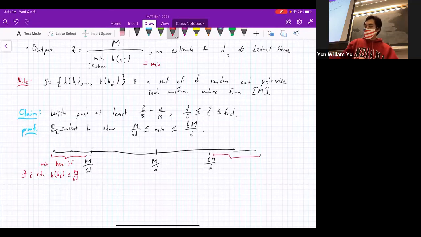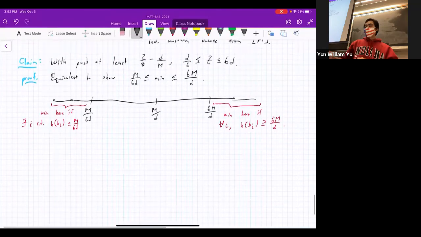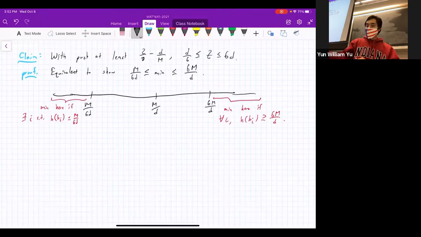And the minimum is here if for all i, h of bi is greater than or equal to 6m divided by d. Okay, and let me put that in a different color.